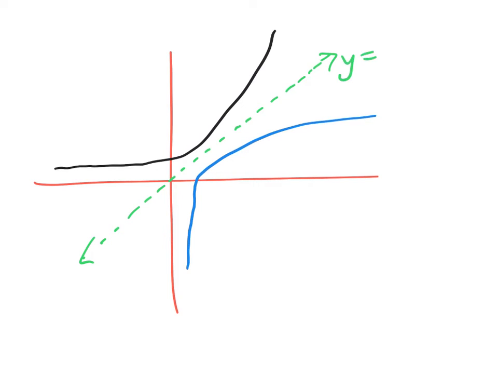Y equals x. If two things are a reflection across y equals x, that makes them what? Not opposite. Inverses. That makes them inverses of each other. This one, label with y equals log base 3 of x.